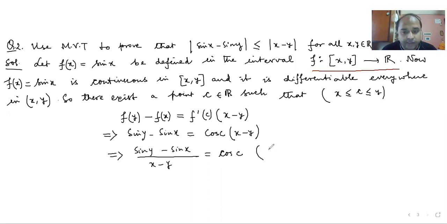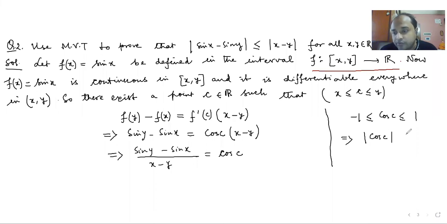Here we have assumed that x is not equal to y. Now you see that since we already know that cos c lies between -1 and +1, this can be written as mod of cos c is less than or equal to 1 by the definition of modulus function.